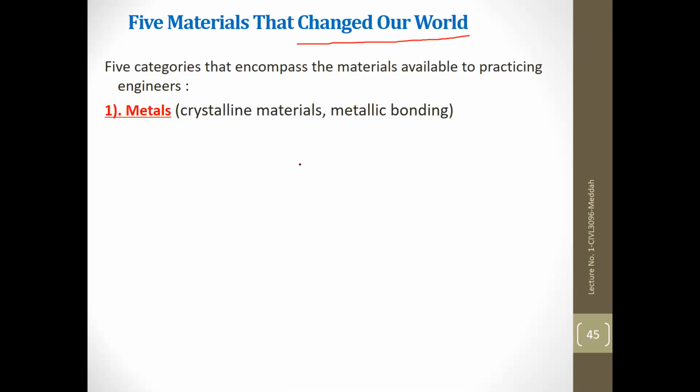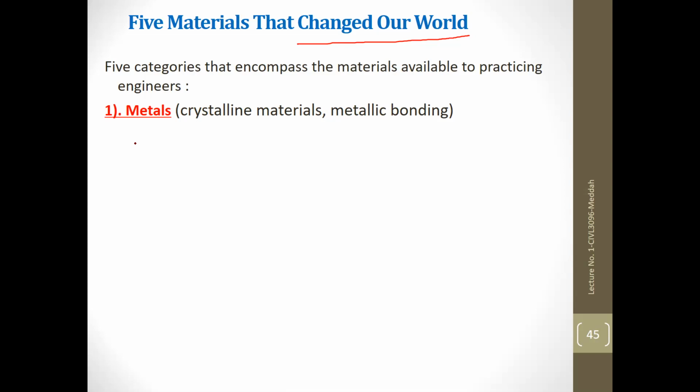So the first category of materials is called metals. Here we are talking about all metals. We are not specifying iron or aluminium or copper or whatever. Metals have very specific properties.